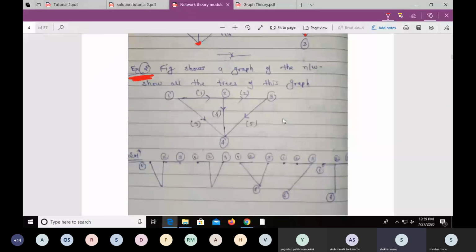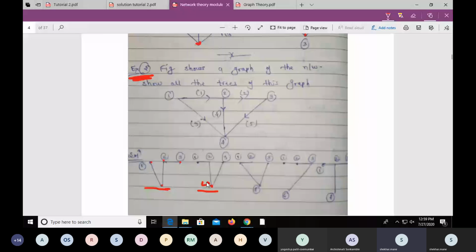I can draw like this also. This is one tree: node 1, node 4, node 2, node 3. All are connected and there is no loop anywhere in this connected subgraph. So this is one tree. This tree is also possible. 1, 2, 3, 4.